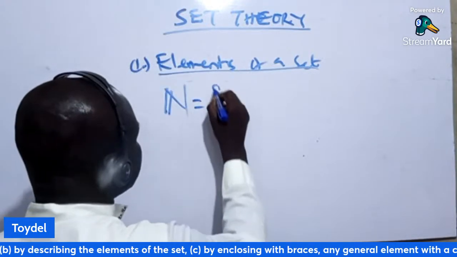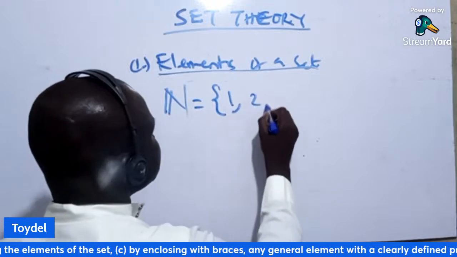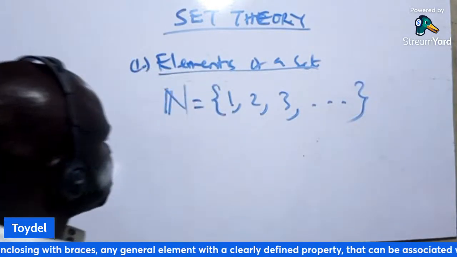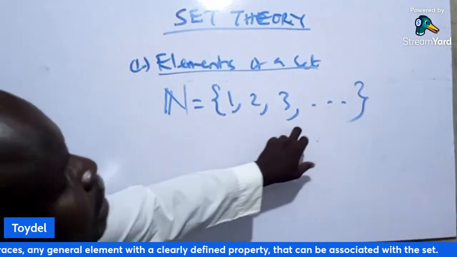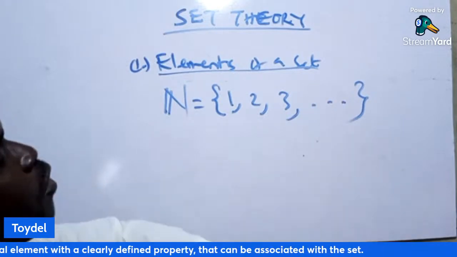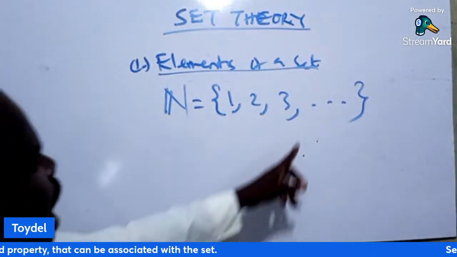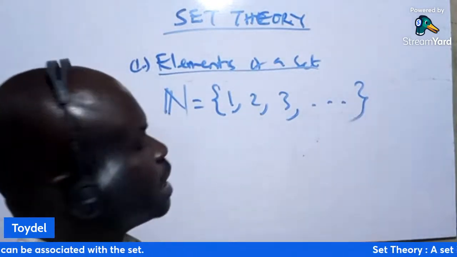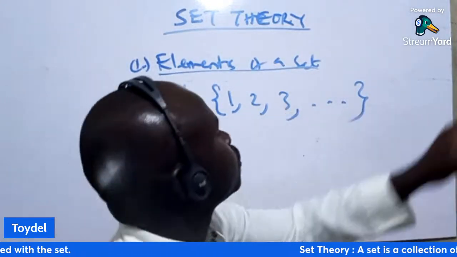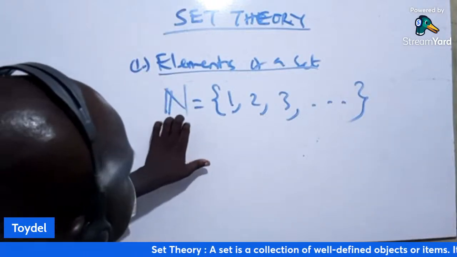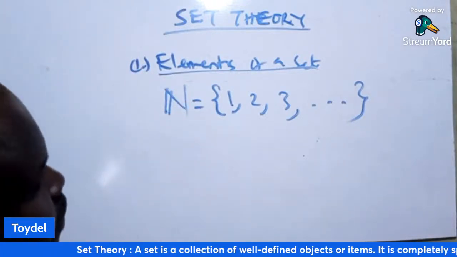When we have natural numbers, these are positive counting numbers. In that set we have 1, 2, 3, 1,000,000, 1,000,000,000, and so on. If you want to truncate the elements of a set, after the comma just put 3 dots. It simply means, and so on. So these are the elements in the set of natural numbers, that is, the positive counting numbers.